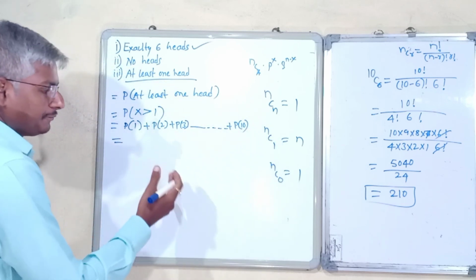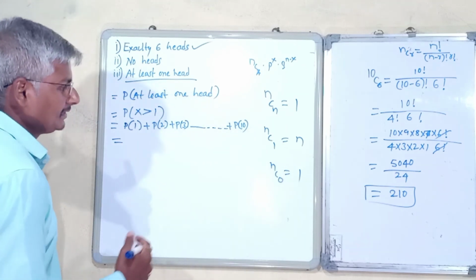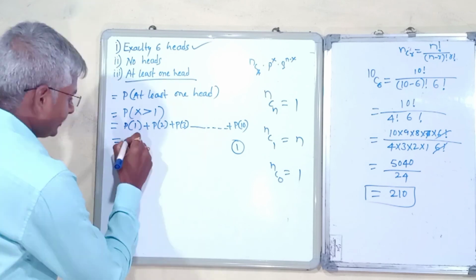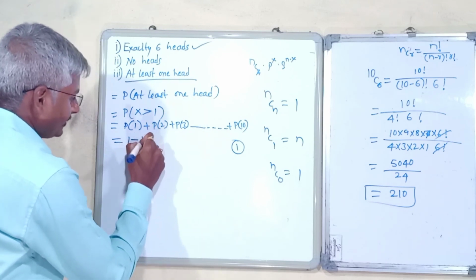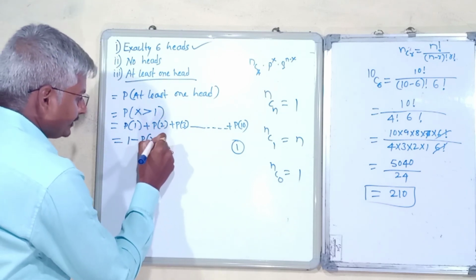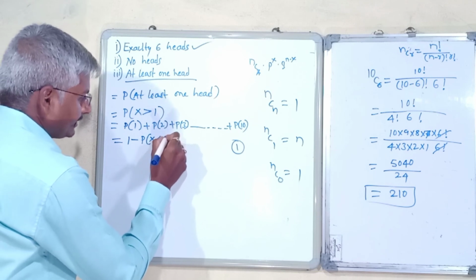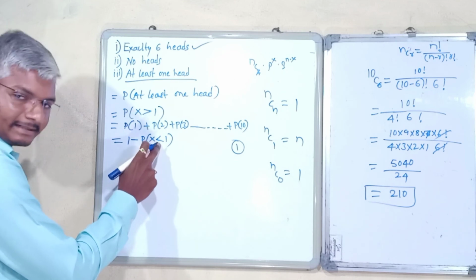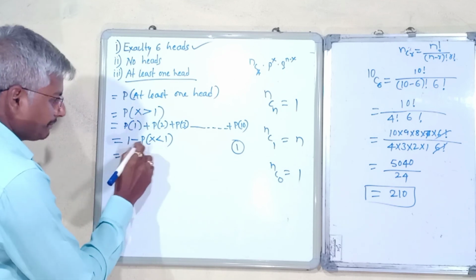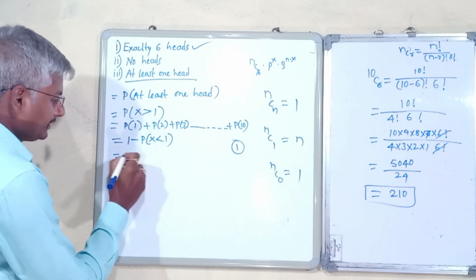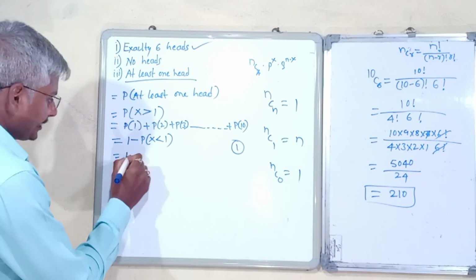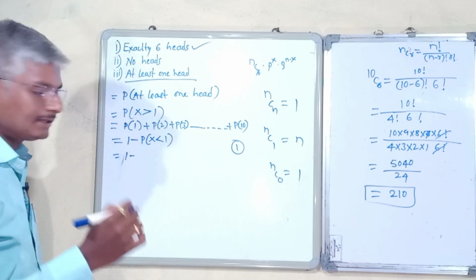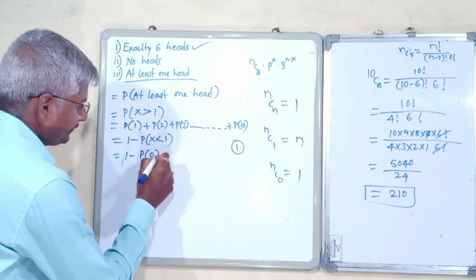That's why we find the reverse one: the whole probability is 1, so we take 1 minus probability of x less than 1. Here greater than was there, here less than 1, that is 1 minus probability of x less than 1, and we have only 0, that is probability of 0.